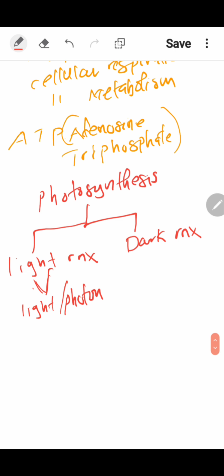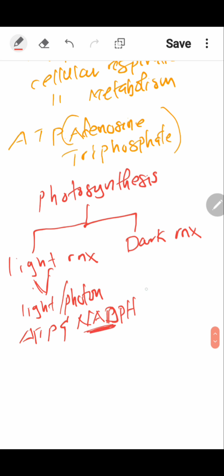The light reactions produce ATP, which was previously explained on cellular respiration, and NADPH. I'm going to explain more on this in the next lecture.